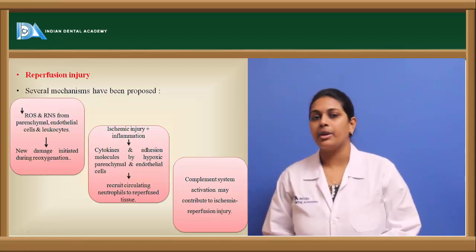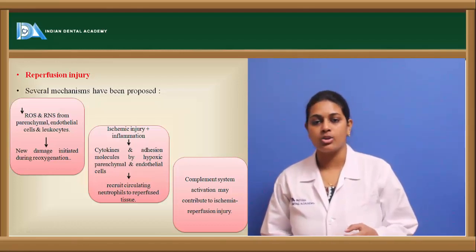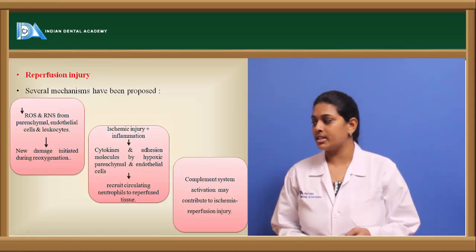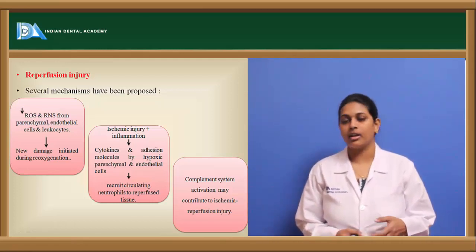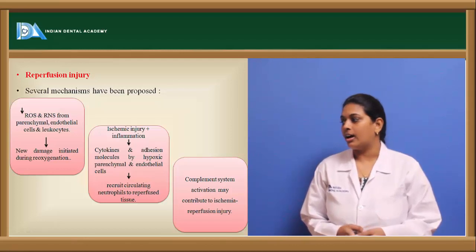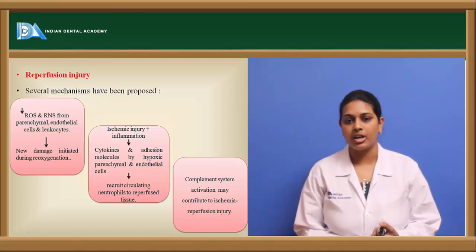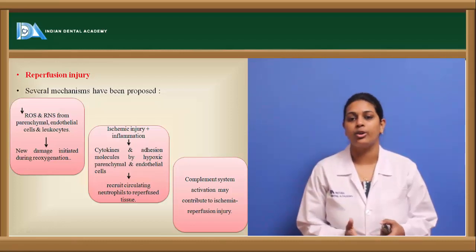The other mechanism is that when there is ischemia and ischemic injury associated with inflammation, it releases certain molecules such as cytokines, which are inflammatory mediators. The other inflammatory mediators could also be the adhesion molecules, and these molecules are majorly released by the hypoxic parenchymal as well as the endothelial cells.